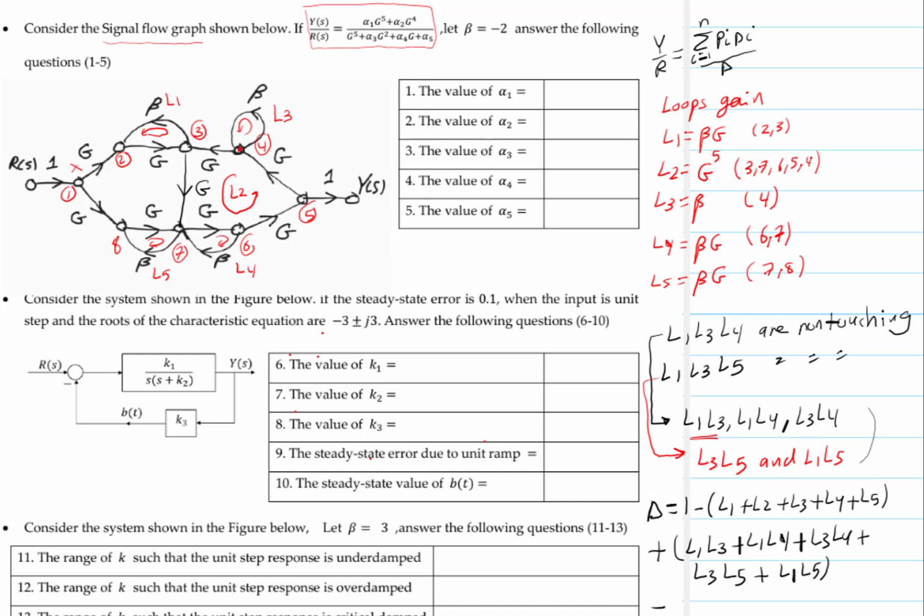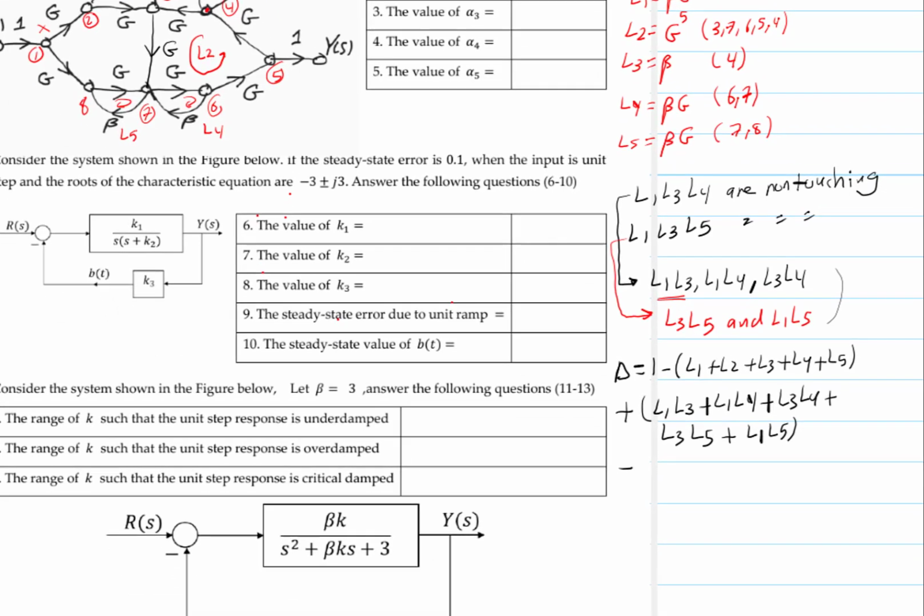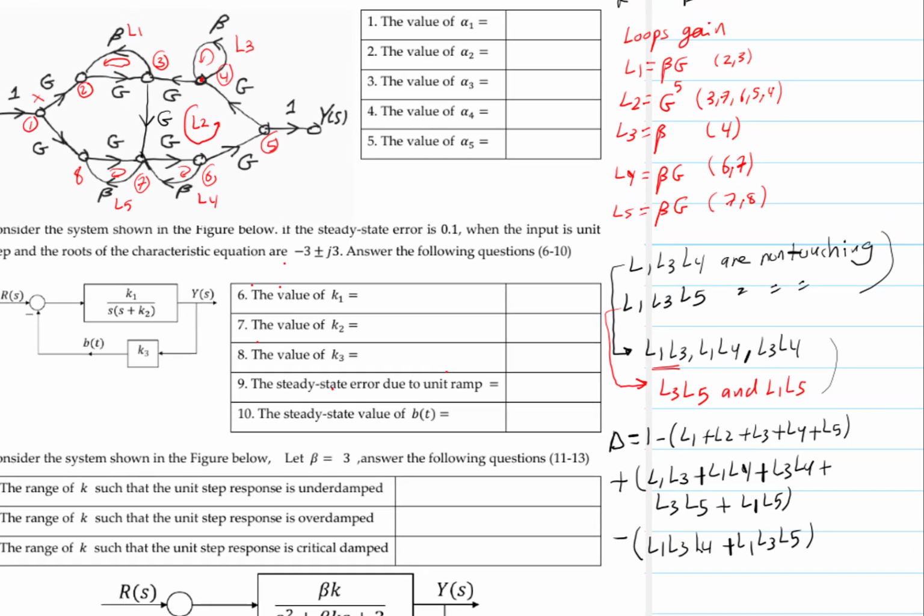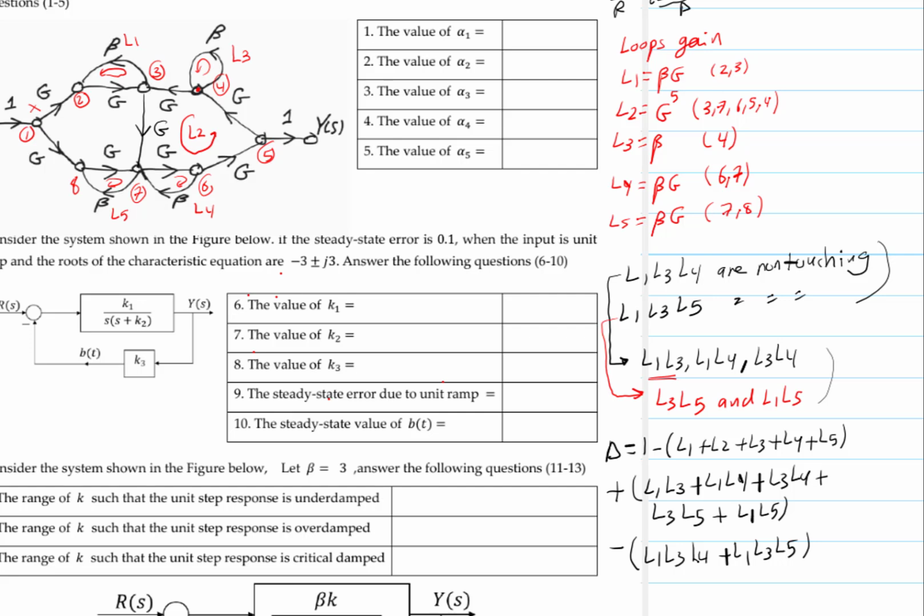Finally, minus all possible combinations of 3 non-touching loops. Here we have the 2 combinations, so it will be L1 L3 L4 plus L1 L3 L5. So now we can substitute the loops again inside the determinant and find the determinant.